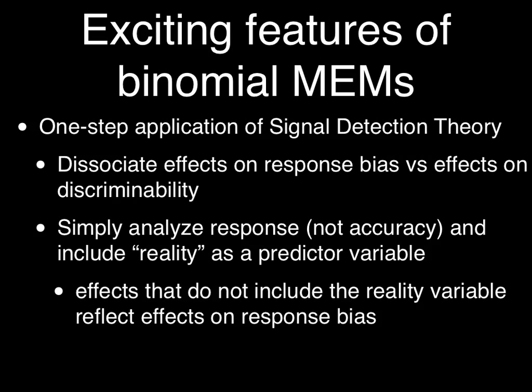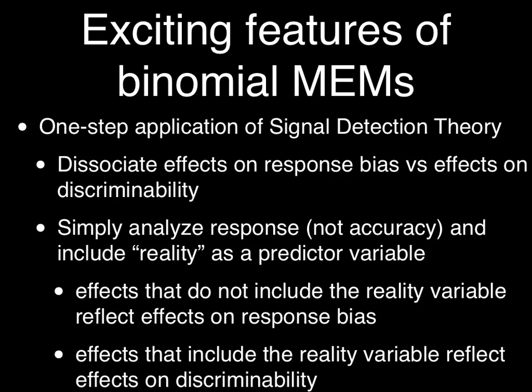The idea here is that effects that don't include reality, for example a main effect of condition on response, mean that they had a higher probability of saying one response over the other in one condition versus the other. That simply is a reflection of response bias. But if the condition effect interacted with reality, that would reflect an effect on discriminability.